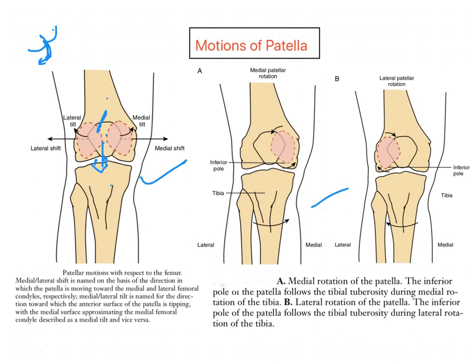In addition to patellar flexion and extension, the patella will tilt around a longitudinal axis. So the patella is going to tilt around a longitudinal axis. Now we'll draw the longitudinal axis here. This is the longitudinal axis.